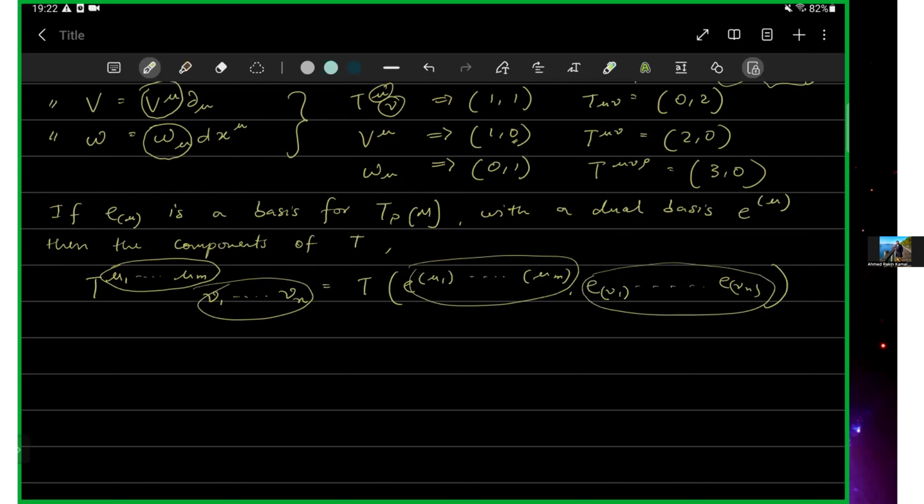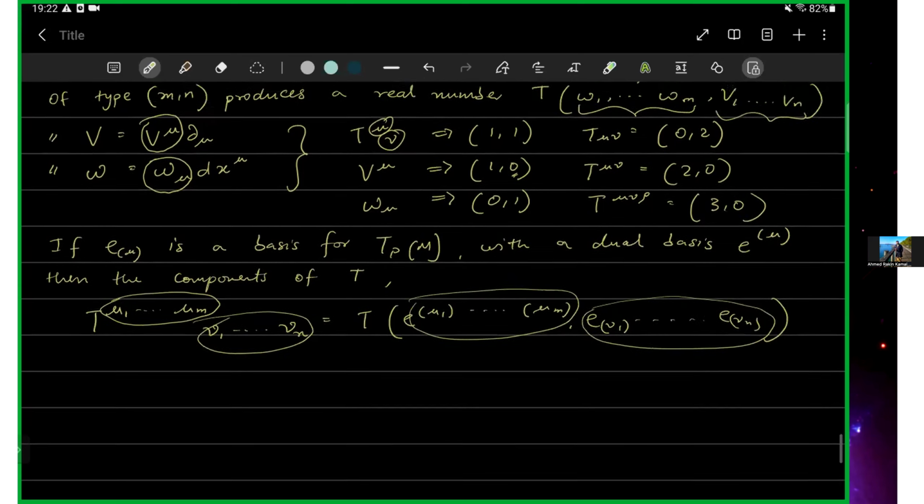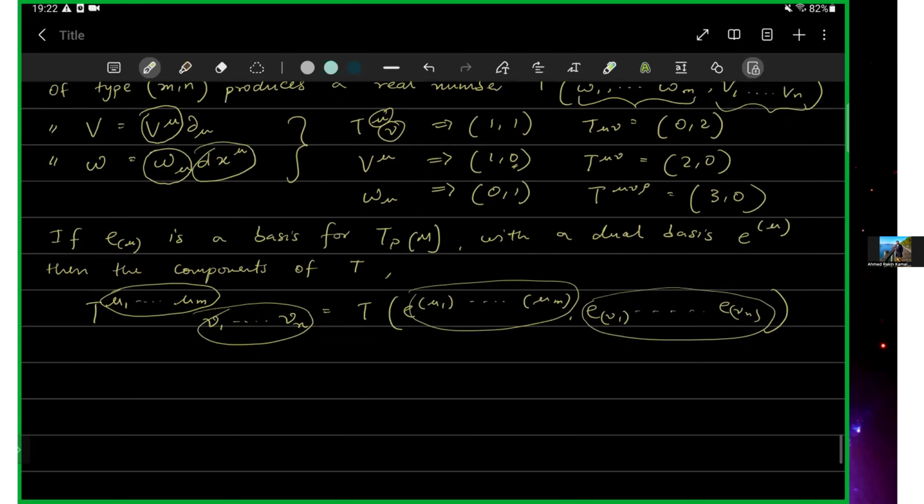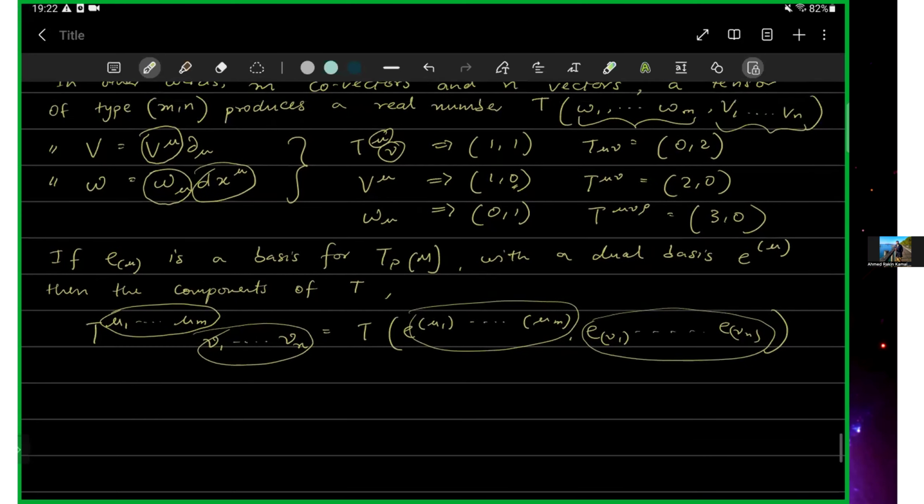Yes. So the upper indices are actually, sorry, the upper indices are the basis for the covectors, right? And the lower indices are the basis for vectors, as you can see from here. Yes.